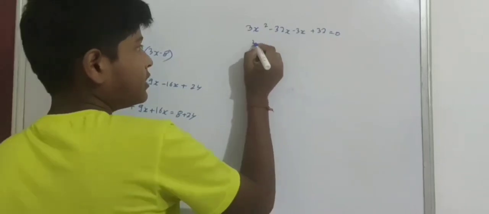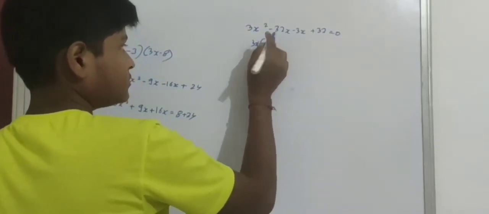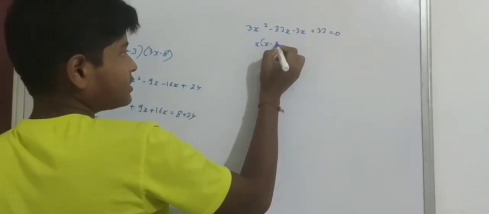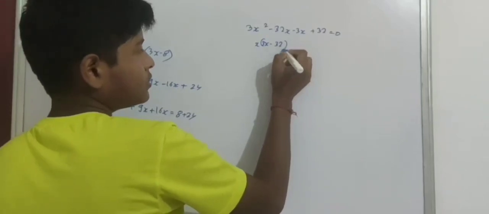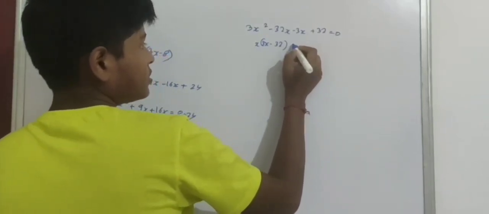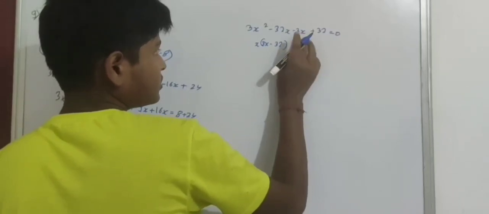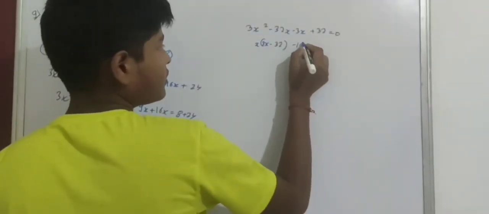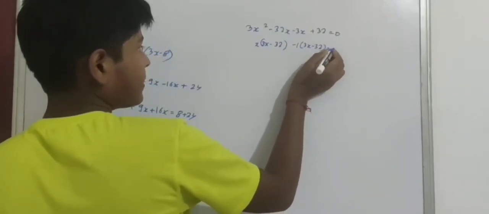Solve this: 3x minus 32, so this will just be x minus 1, 3x minus 32.